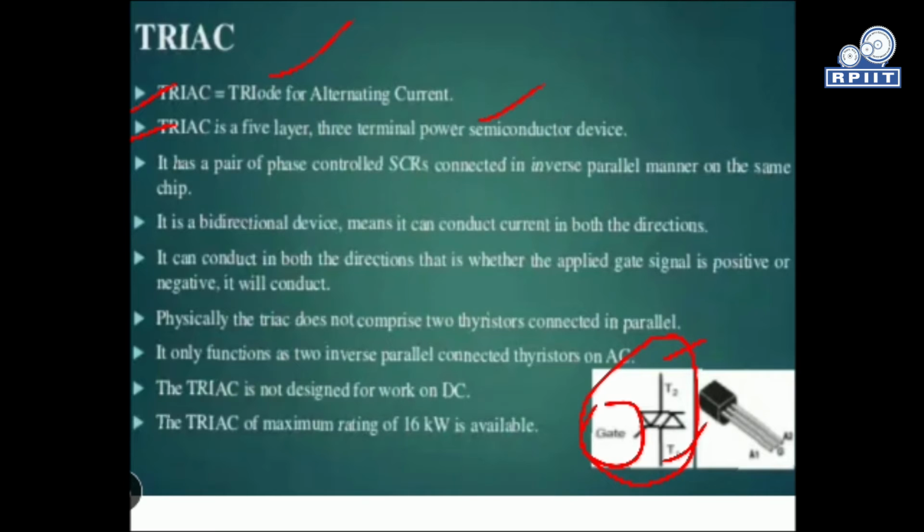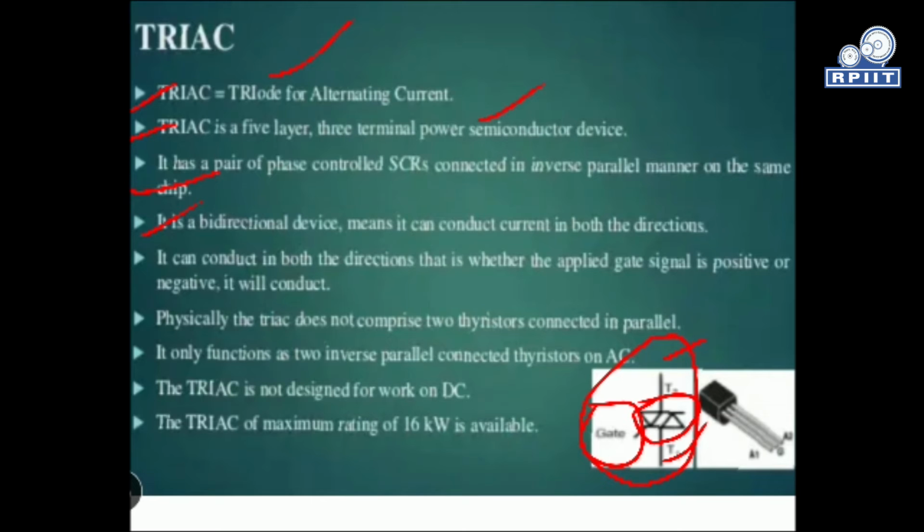So we can say that it is a gate pulse control device as well. It has a pair of phase control SCRs connected in inverse parallel on the same chip. So these are two SCRs connected in parallel. Because we use the gate terminal for control, it is a bidirectional device, which means it can conduct current in both directions.